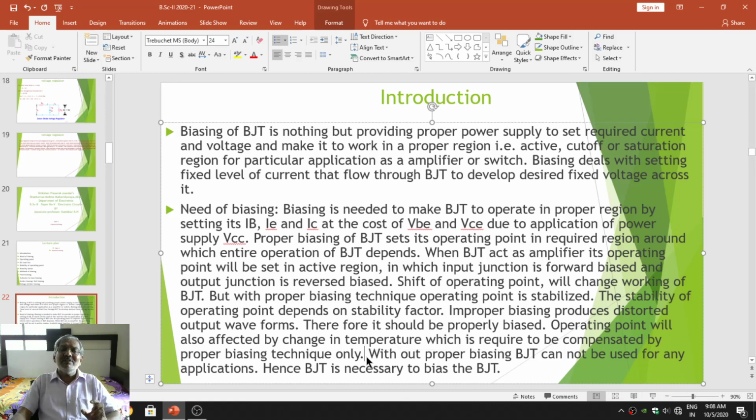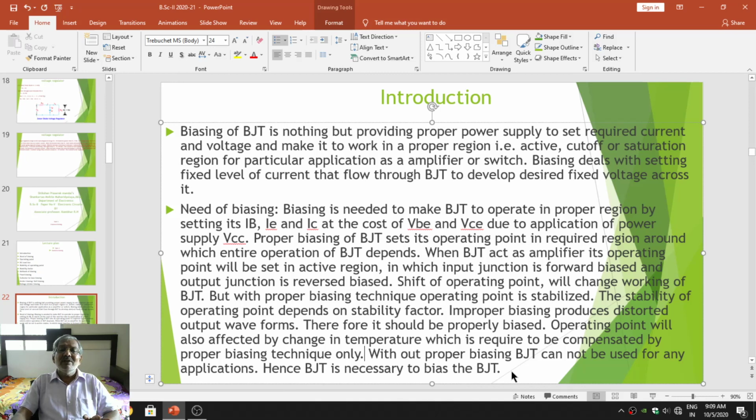Means if temperature is changed, then the position of operating point is likely to be shifted, and that's why transistor becomes unstable. To keep it stable, it should be properly biased by using suitable technique. Without proper biasing, BJT cannot be used for any application. Due to all these reasons, it is necessary to bias the BJT.